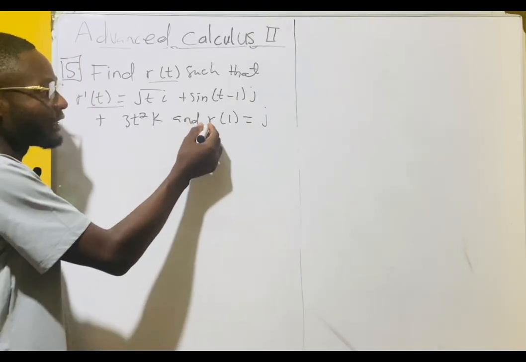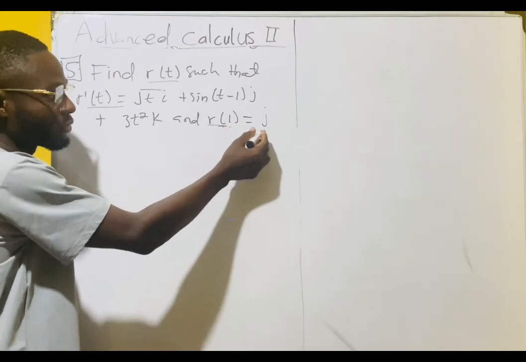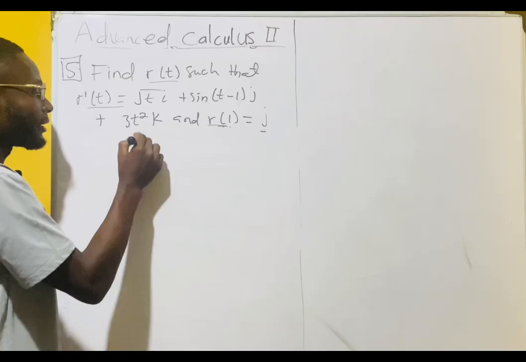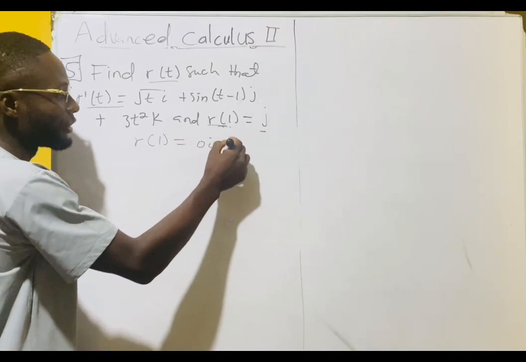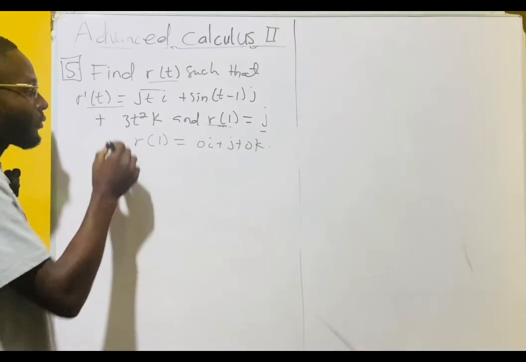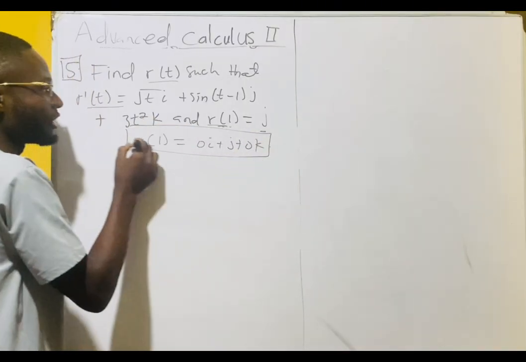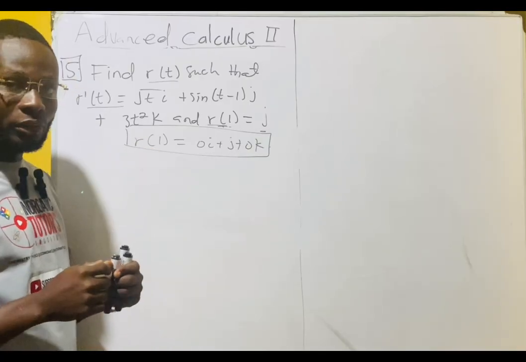And we have been given the initial condition r of 1 equals j, meaning that r of 1 is equal to 0i plus j plus 0k. So we have to use these initial conditions to find a constant for each component, right?